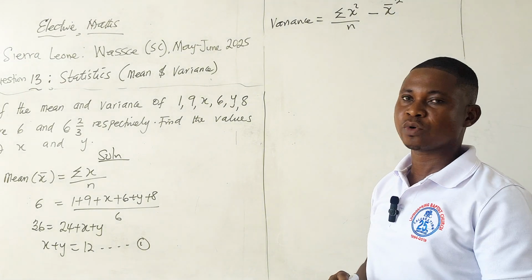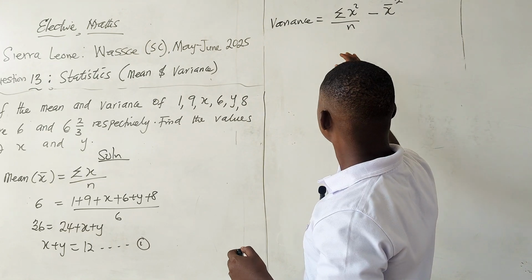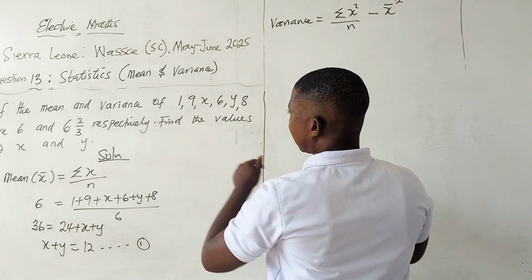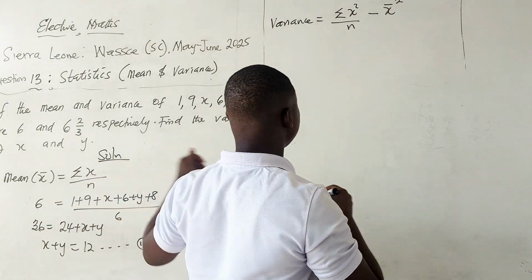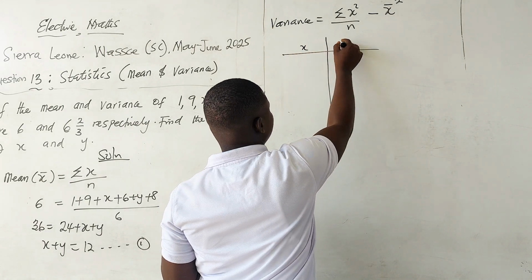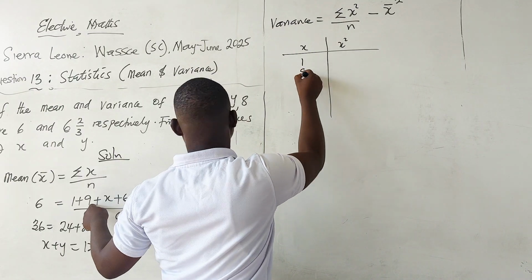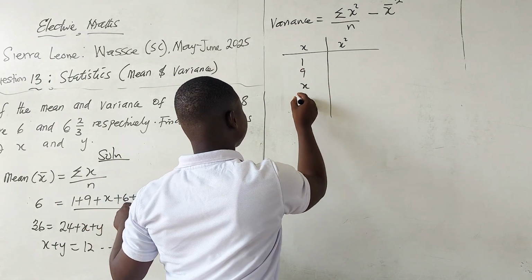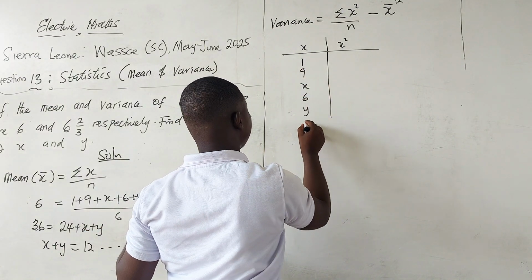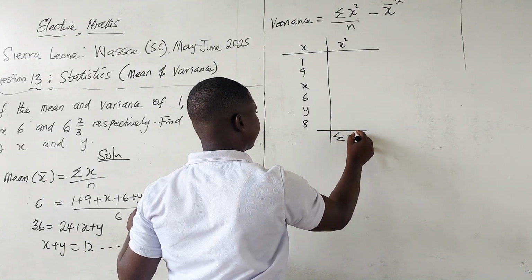So with this, we can add the square of each value. Let me even draw that. We have our x, we have x squared. We have 1, 9, x, 6, y, and 8. I'm going to have sigma x squared.